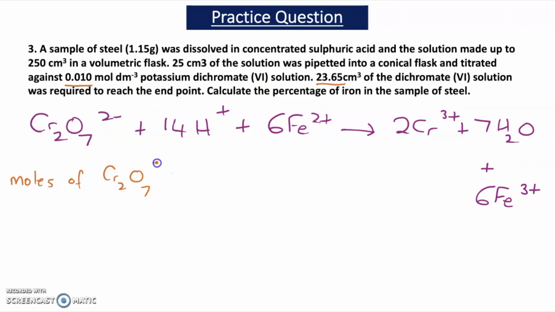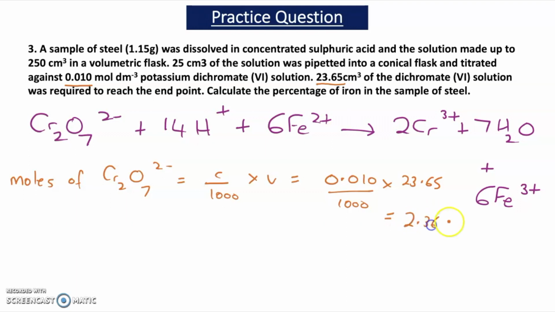So if I know the concentration and the volume, to work out moles of the dichromate, I just use concentration over 1,000 times volume, and that will be 0.010 divided by 1,000 times 23.65. Now that gives us a number of moles equal to 2.365 times 10 to the minus 4.